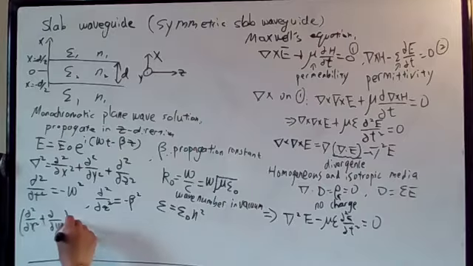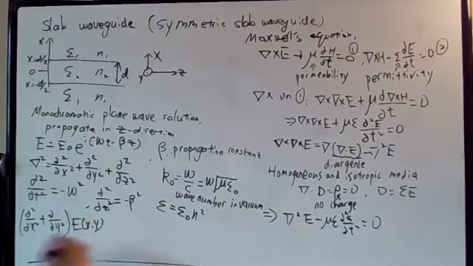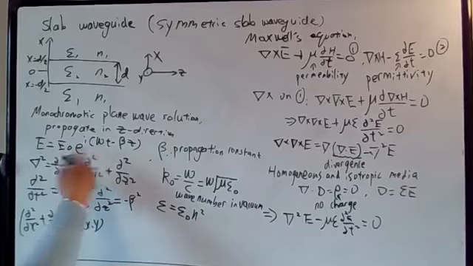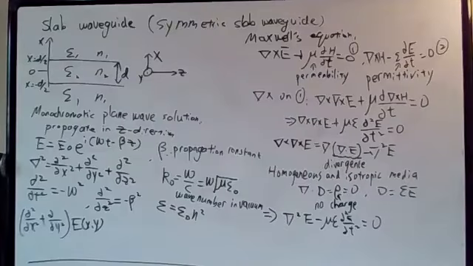This time we write E as E(x,y), the xy distribution, and the t and z component as exponential i omega t minus beta z.